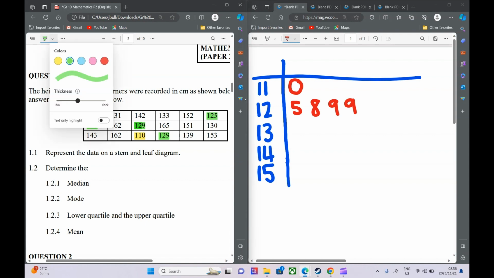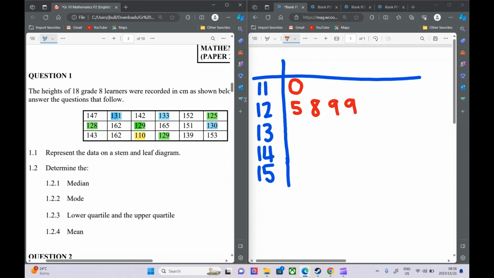Next up, let's have a look. We do our 130s. So I've got 133, 131, 130, and 139. Okay, so on this side then, we've got 131. Oh no, sorry. See, that's where we've got to just check ourselves. So we've got 130, 131, 133, and then 139.